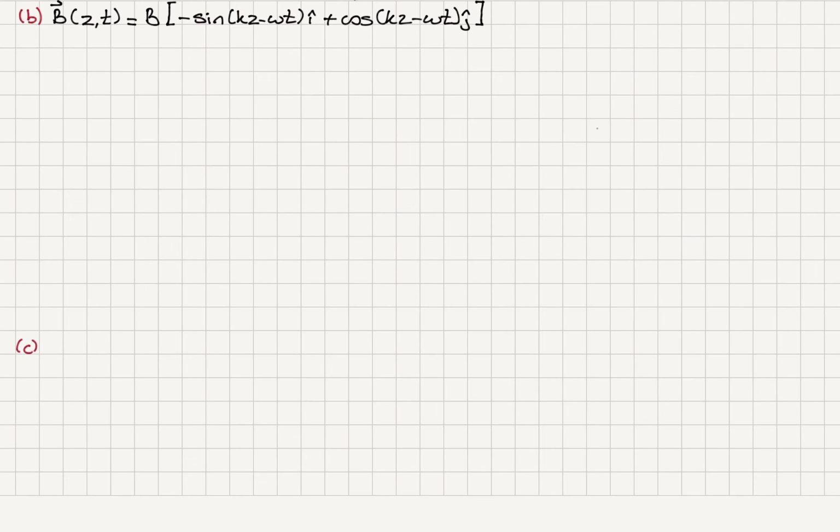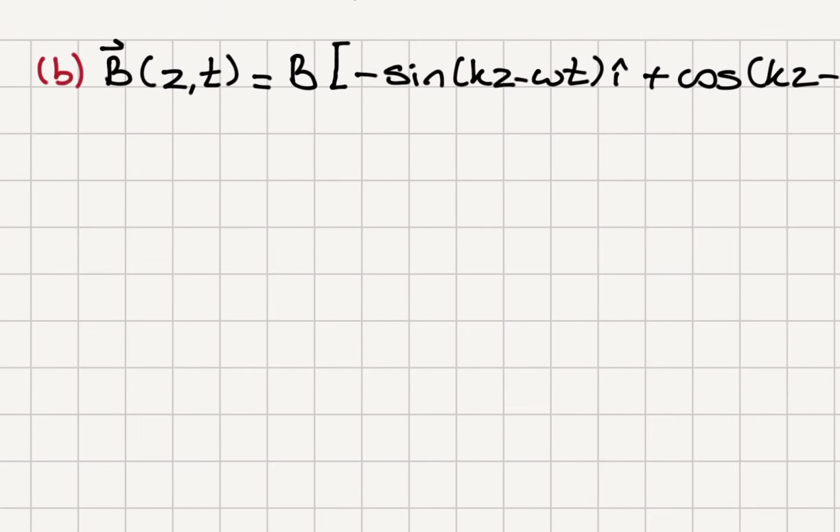So this is our magnetic field. Now, how do we calculate flux? Magnetic flux phi B is equal to the integral of B dot dA.